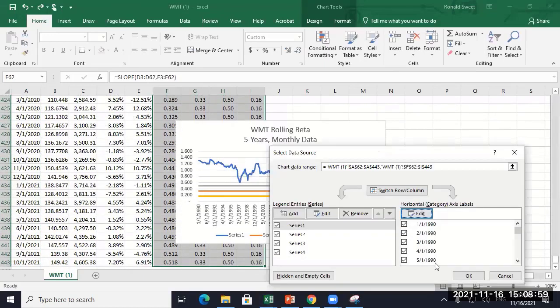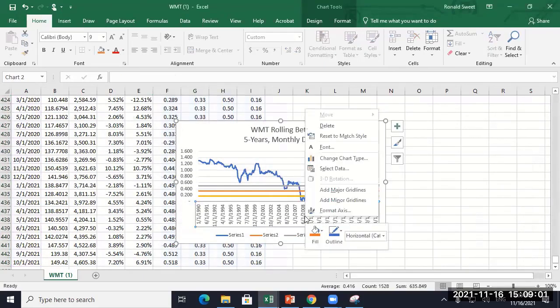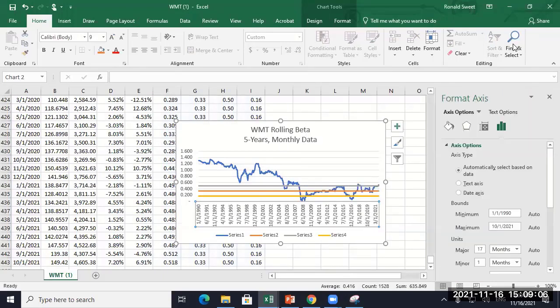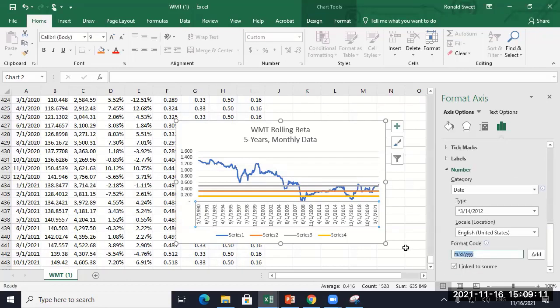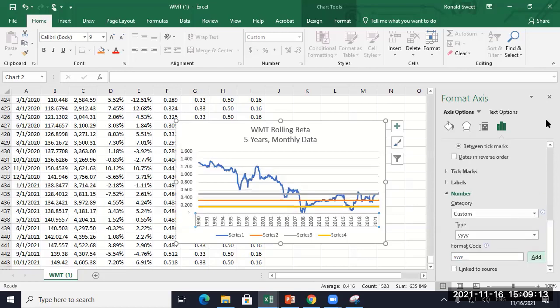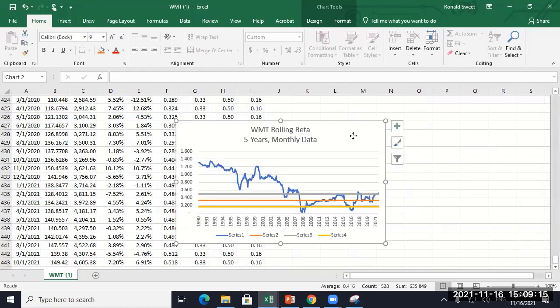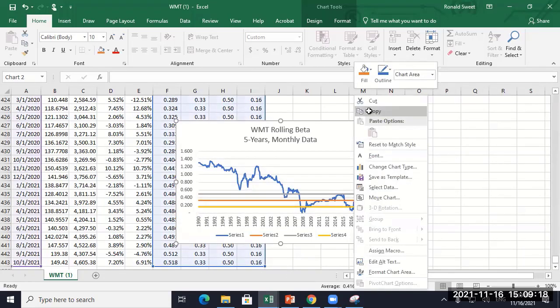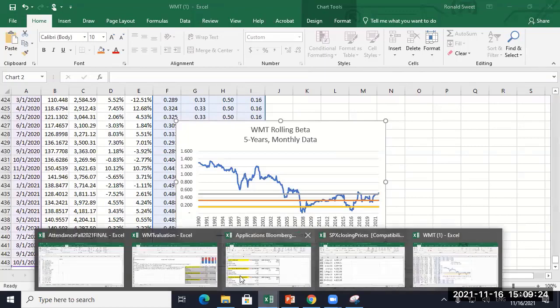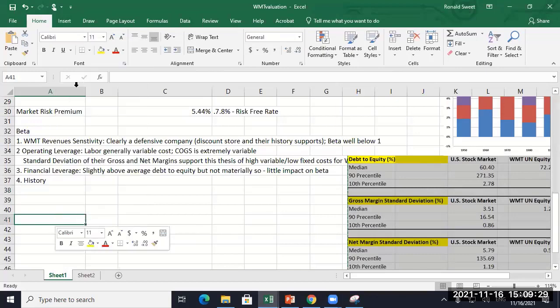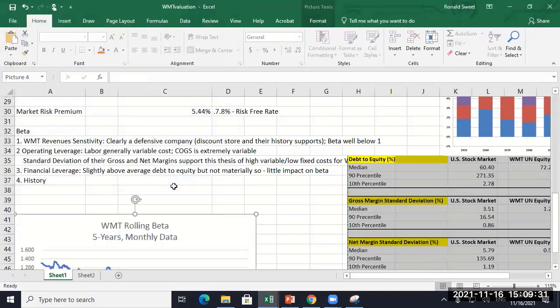And on the dates, you don't need months or days, so you can format it. You just need years, so just make it year. You got it. Got it. All right.